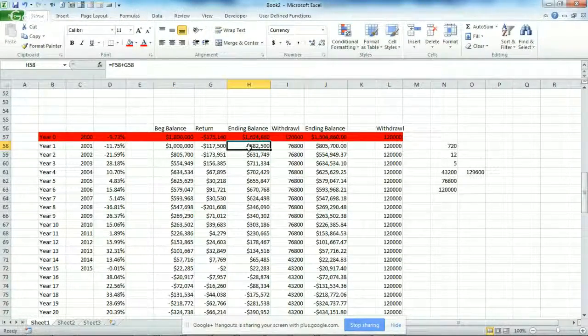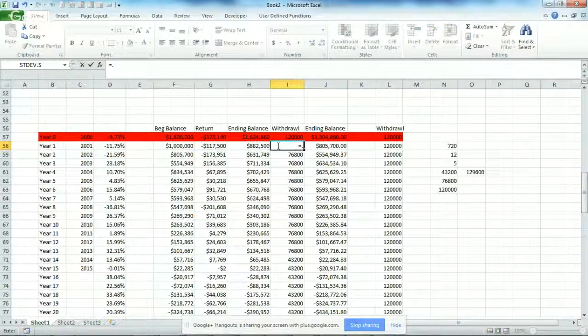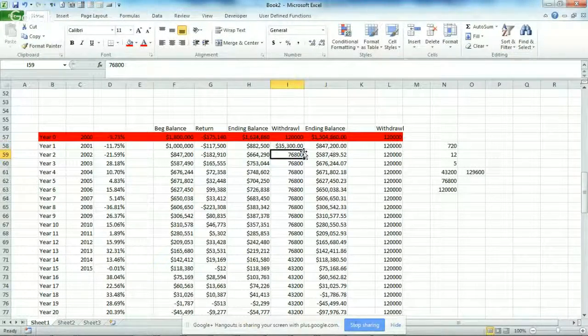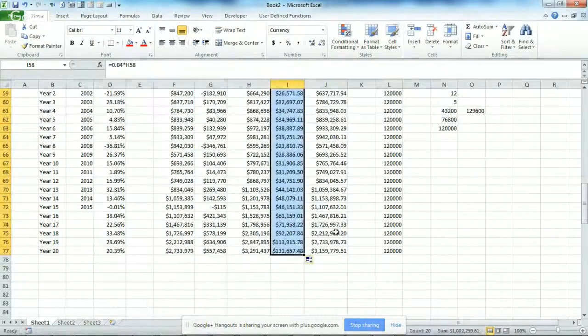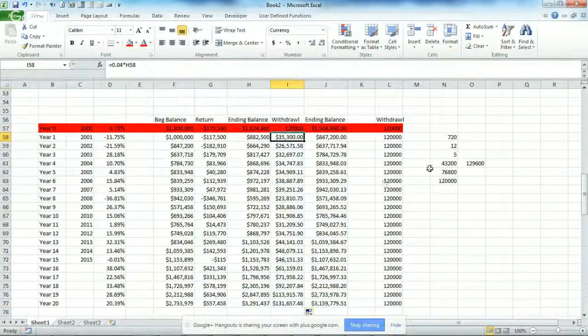Now the market went down. In this case, if the market goes down, you withdraw 4% only, 0.04 times the balance, and that's $35,000.